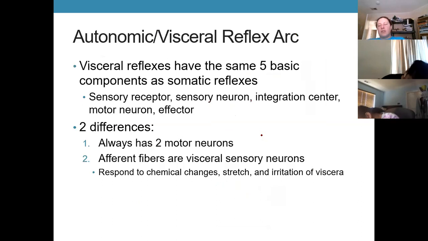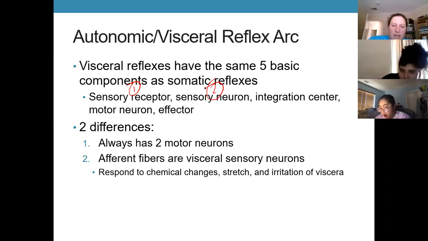So that takes us to the reflex arcs of the autonomic nervous system. We're just going to go through a couple of them, but we're going to start by comparing it to the somatic reflexes we looked at last time. Now remember that all reflex arcs have the same 5 components. So visceral or autonomic reflexes are no different. We're going to have a sensory receptor, we're going to have a sensory neuron, and remember sometimes those are the same thing.